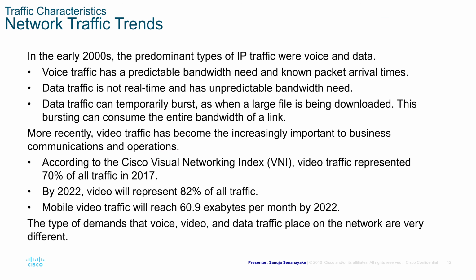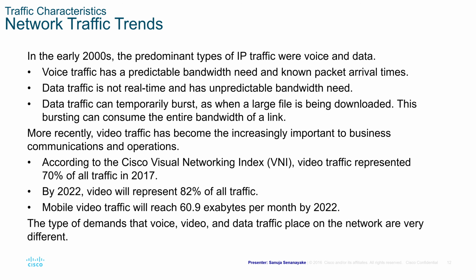Network traffic trends. In the early 2000s, the predominant types of IP traffic were voice and data. Voice traffic has a predictable bandwidth need and known packet arrival times. Data traffic is not real time and has unpredictable bandwidth needs.